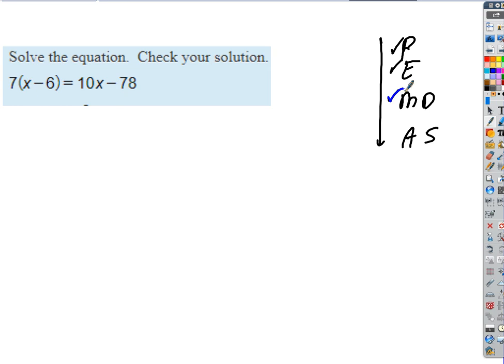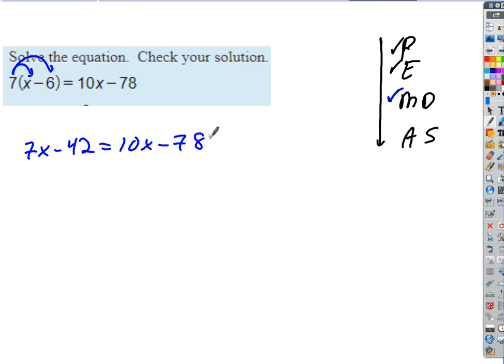Well, multiplying in this case means distributing, doesn't it? So we'll distribute the 7, and there's our first step, 7x minus 42 equals 10x minus 78. What would you do next? Without thinking about order of operations, what would your next move be? Yeah, good. Subtract 7x from both sides.